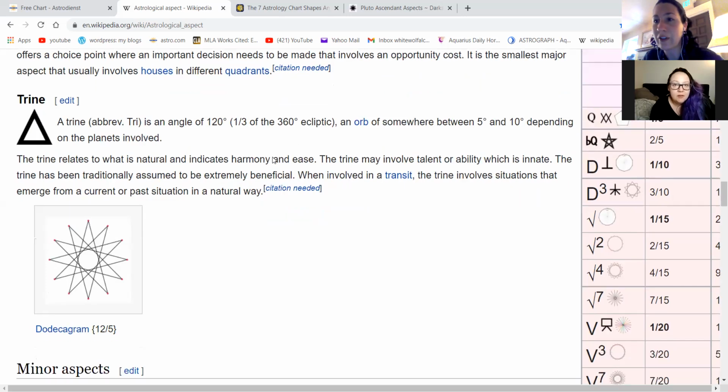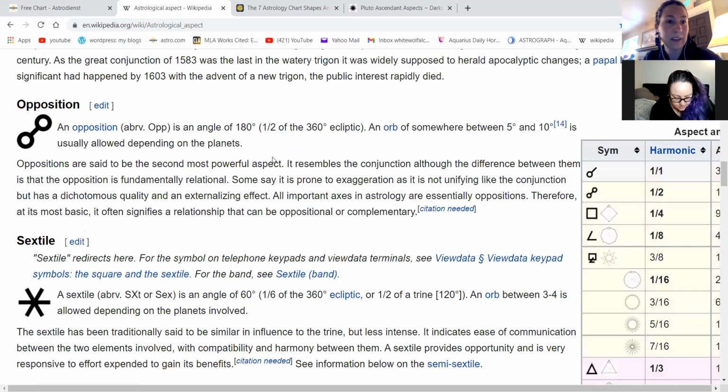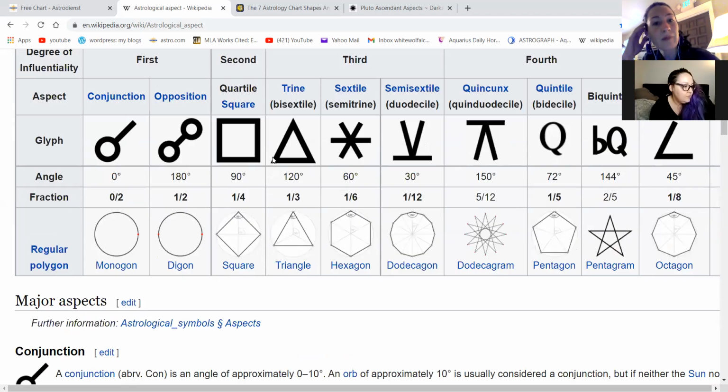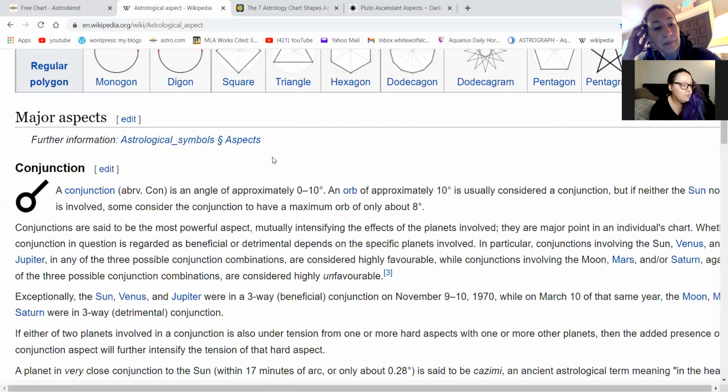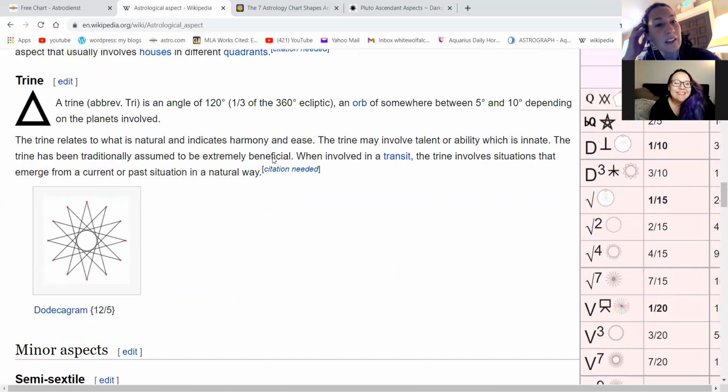Okay, so let's talk about the trine. Trine, 120-degree angle, a triangle. It's saying an orb of somewhere between 5 degrees and 10 degrees, depending on the planet's ball.